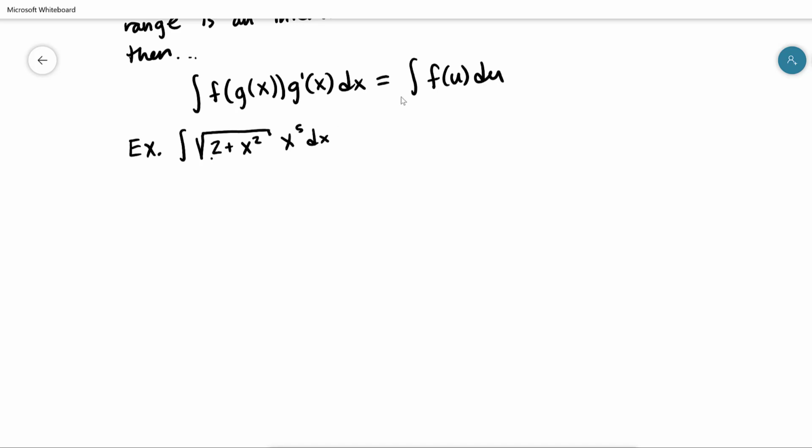So if I'm thinking of this as going to be my u, that's going to imply that my du dx, which will actually compute in just a minute, would be 2x. And that means that I need to look for something that involves that x somewhere else in the problem.